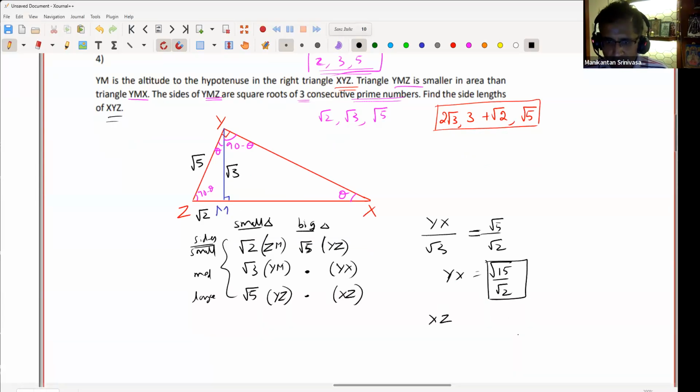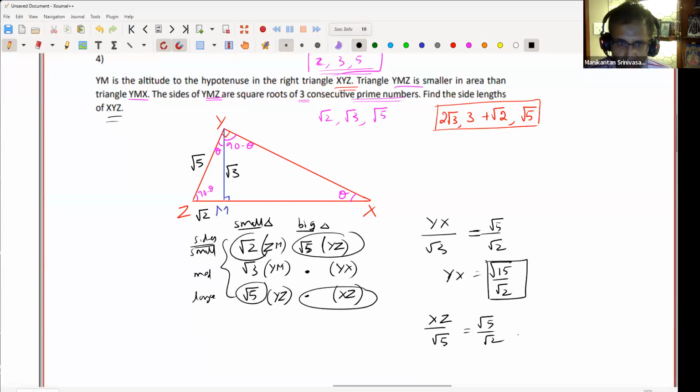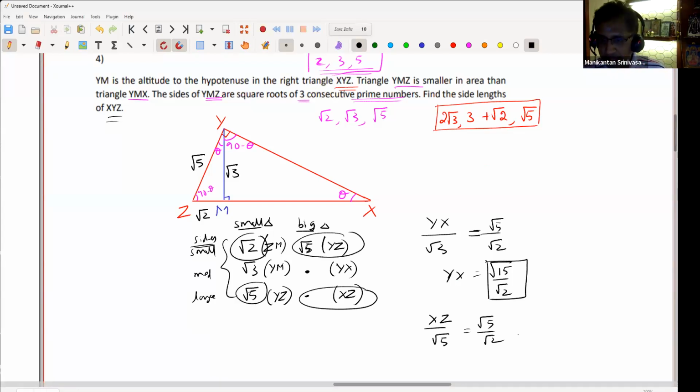So XZ upon root 5 is root 5 upon root 2, by just correspondence. Therefore, XZ is 5 upon root 2. So the three side lengths of the big triangle are 5 upon root 2, root 15 upon root 2, and root 5 itself. I can, of course, take the root to the top. All that manipulation I can do.